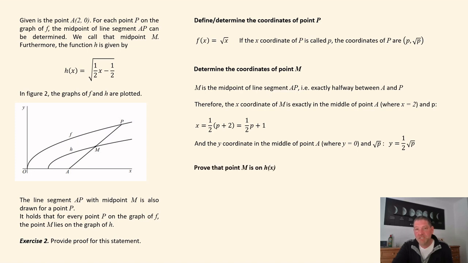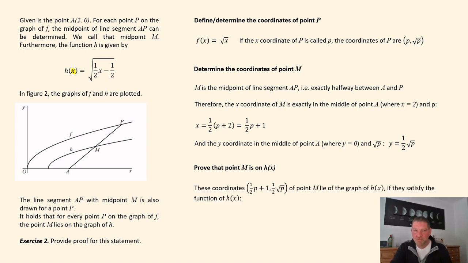Now we need to prove that point M is on h of x. Point M has coordinates: x is half P plus 1 and y is half square root of P. So if we fill out half P plus 1 in the formula here, then filling out half P plus 1 for the x also here should lead to half the square root of P. So let's see if that happens.